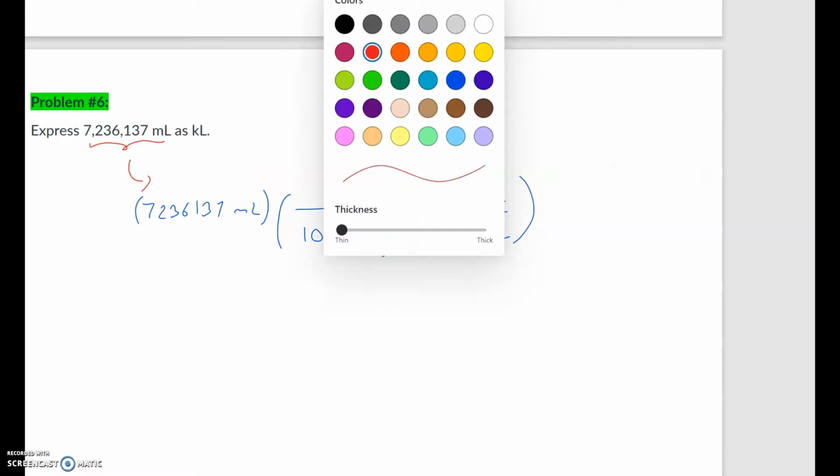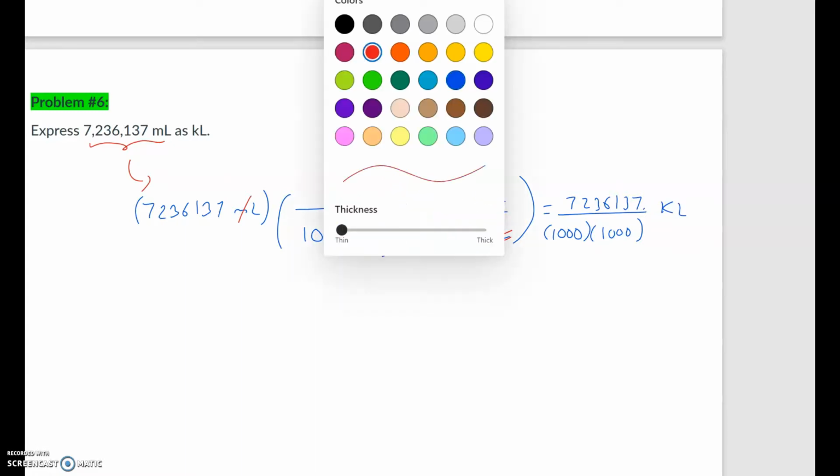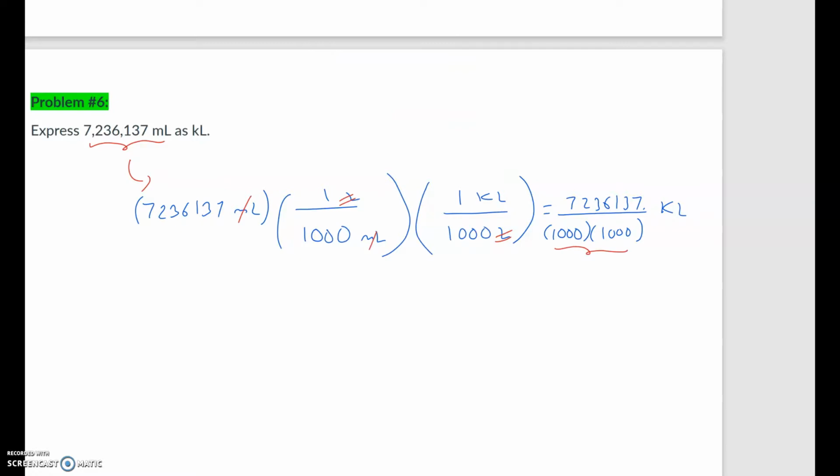Before we do the cancellation or removing the decimal place, let me make sure that all of these cancel. We're technically left with 7,236,137 divided by 1,000 times 1,000, and this will be kiloliters. I'm just going to put the decimal point there because it'll be easier to carry out. What we could do here is count the zeros and then move the decimal place that many.